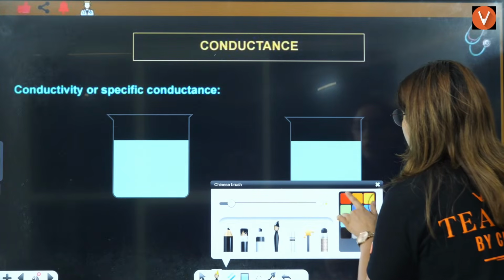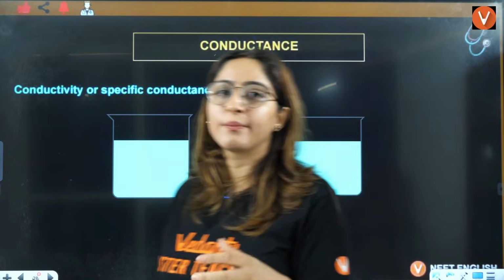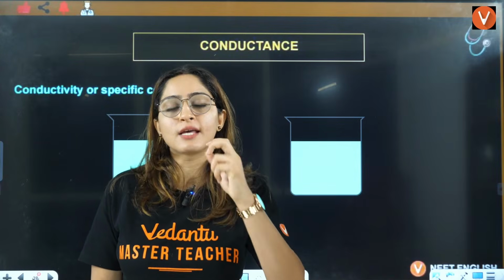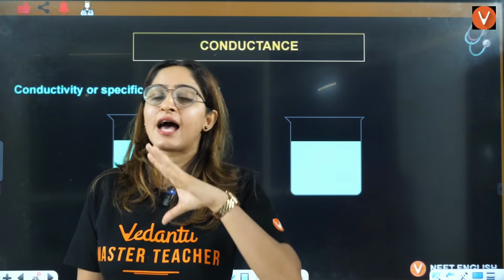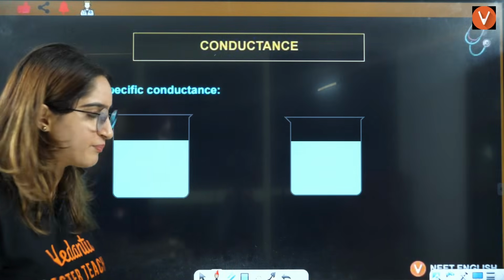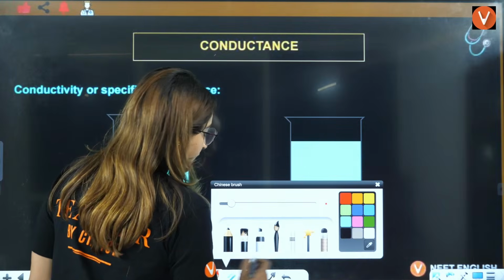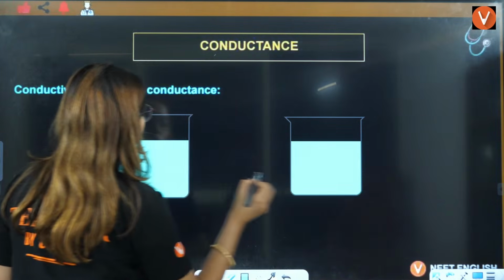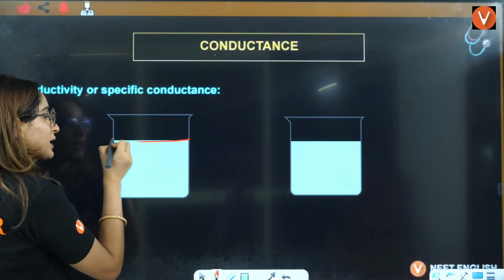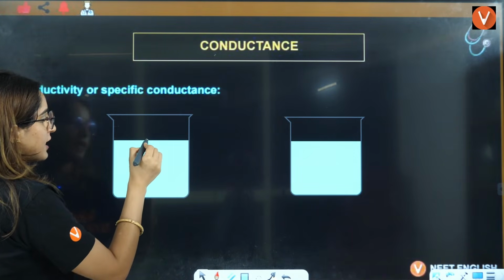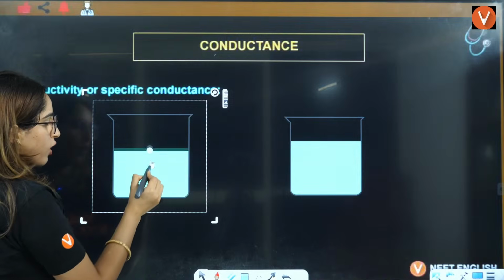What exactly is happening here? Now to understand the core concept of molar conductivity, how these things change on dilution, you need to understand what exactly is conductance and conductivity. In conductance, we are talking about this particular volume. Let's say I change the volume to this or this.